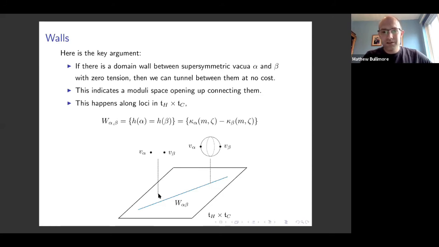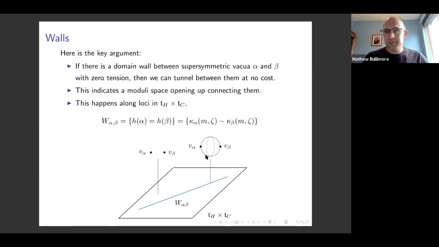But then if I start to vary slowly the mass and Fi's until I sit on one of these walls or loci where the tension vanishes. So here, W alpha beta is the locus where a domain wall between the vacuum alpha and the vacuum beta becomes tensionless.